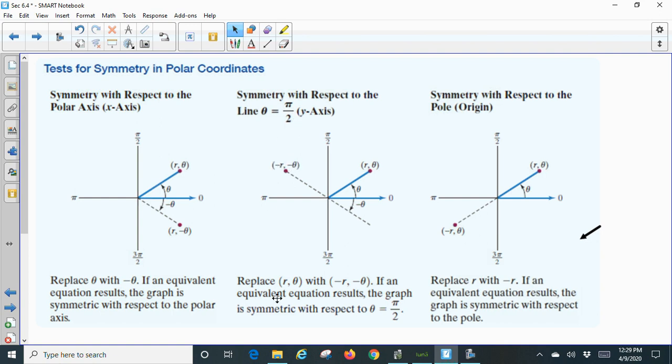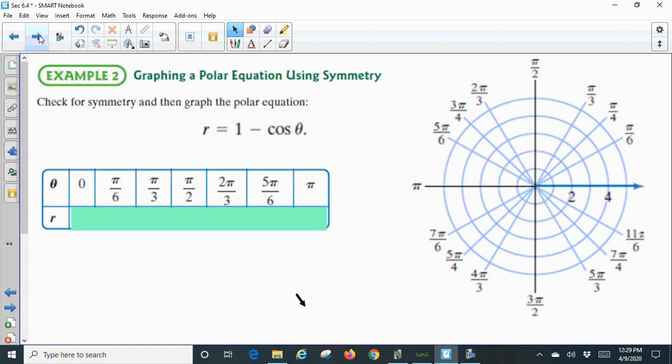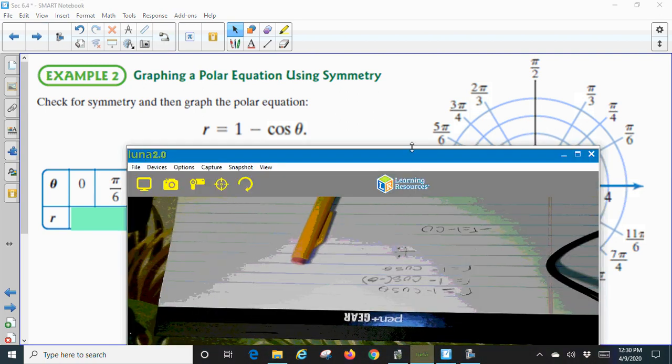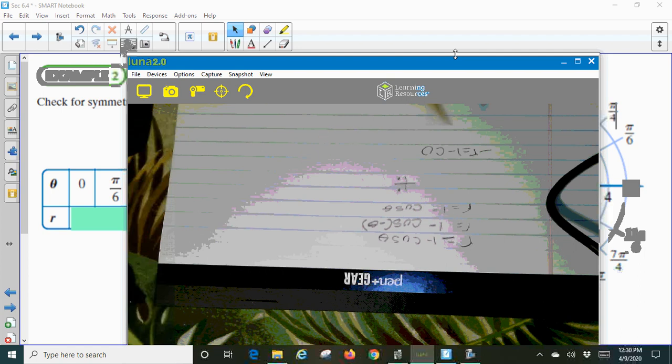Again, we would replace r, theta with negative r, theta and see if we get the same equation. So negative r equals 1 minus cosine negative theta. Oops, I forgot to bring the document camera up in focus where you can see it.